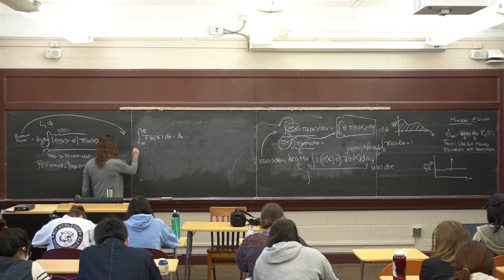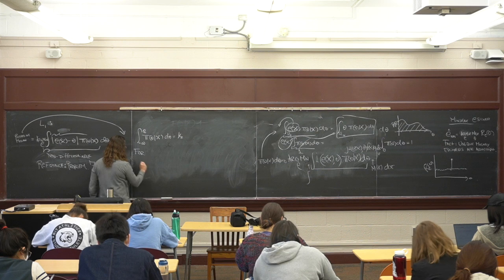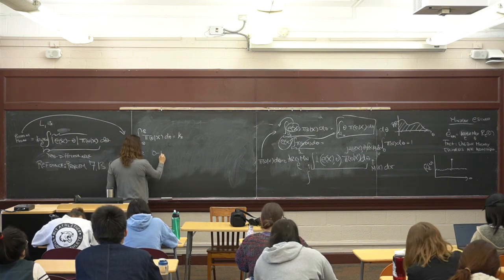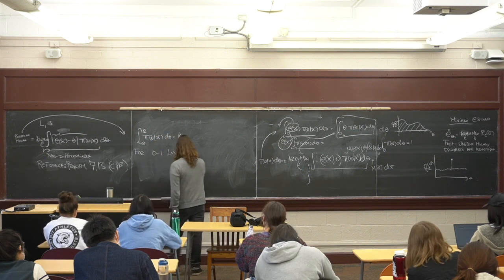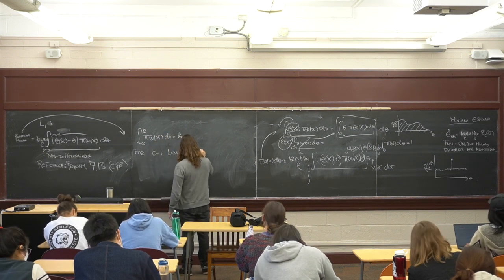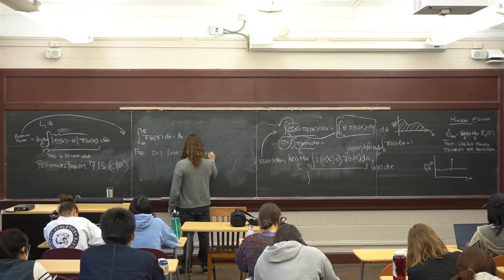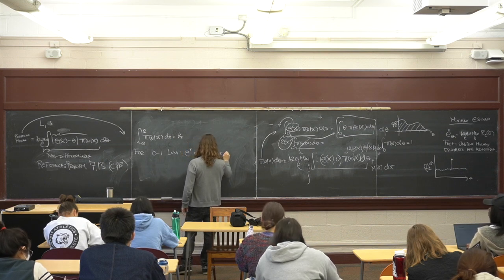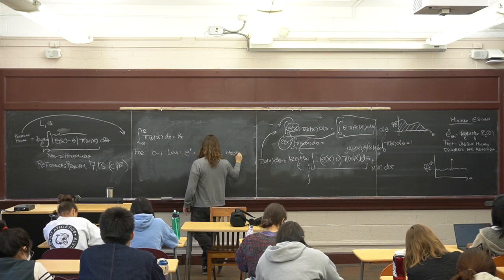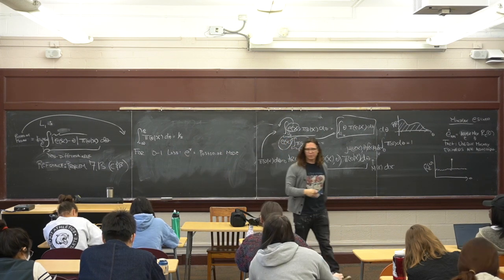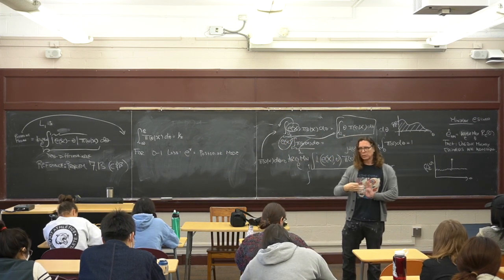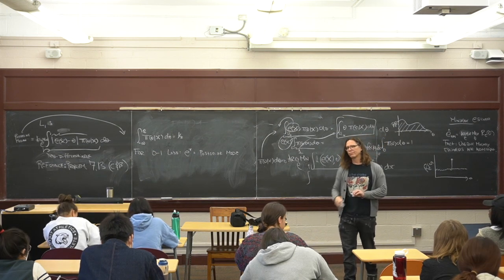For 0, 1 loss, and I'll let you think about this as well, the Bayes estimator is the posterior mode. You probably want to think about that in discrete cases when we use 0, 1 loss, but this would be true for even a continuum.